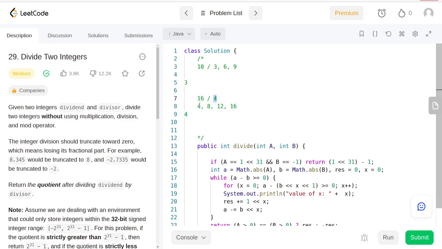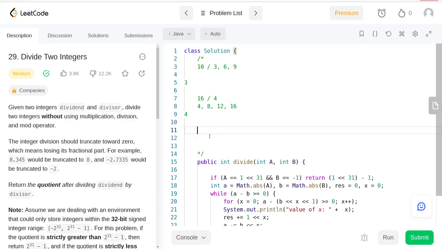So it's 4, and then we add the divisor 4 to make it 8, and then again to make it 12, and then again we're doing it. So we are going linearly, right? That would make it linear, and we want better than that.